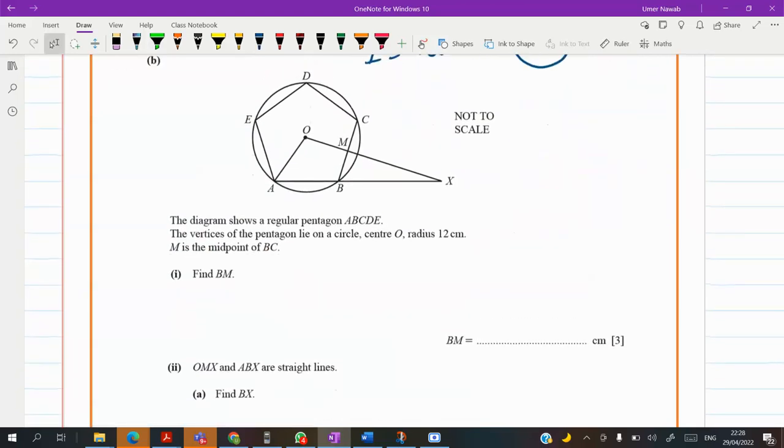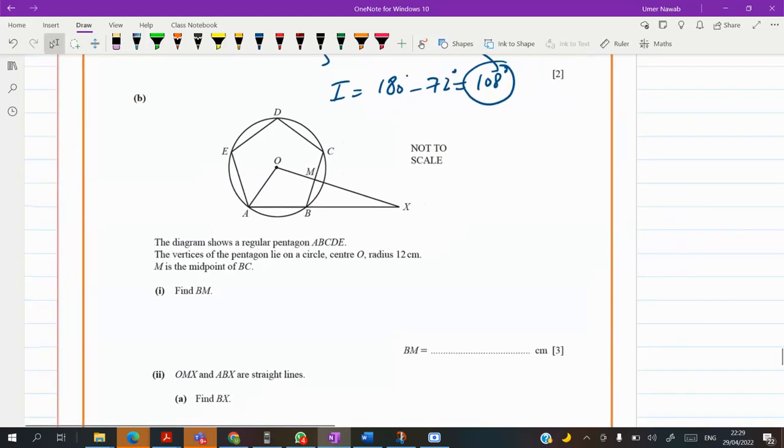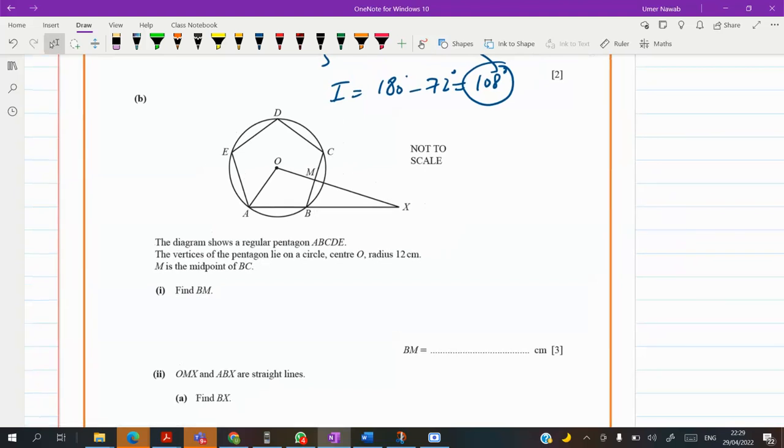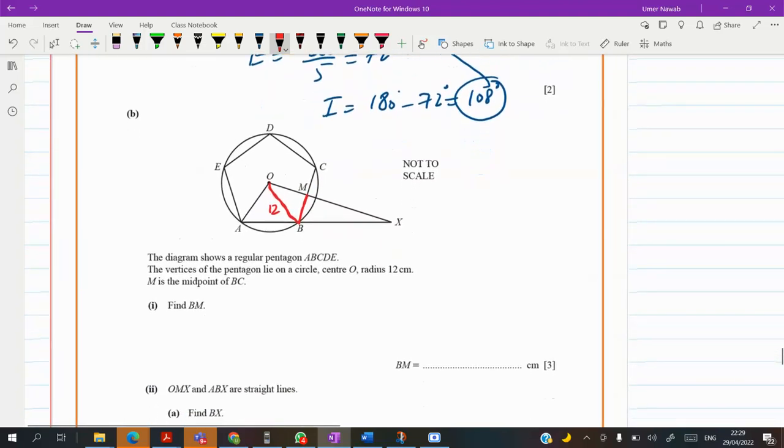Next, the pentagon is inside the circle. I want to find BM, the half of this, the radius. The radius is given to me, the radius is 12. I want to find BM. Is there any side given to me? Is BC given to me or not?